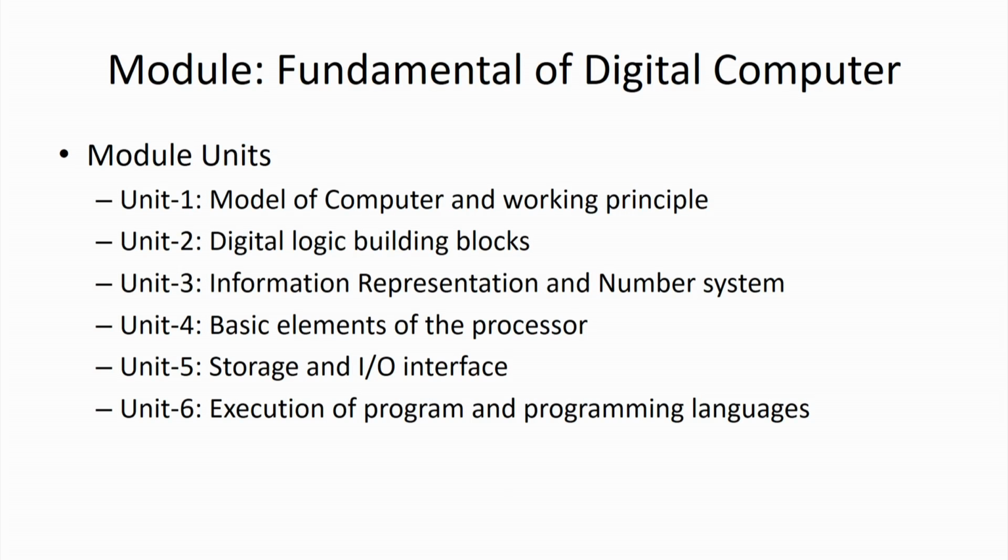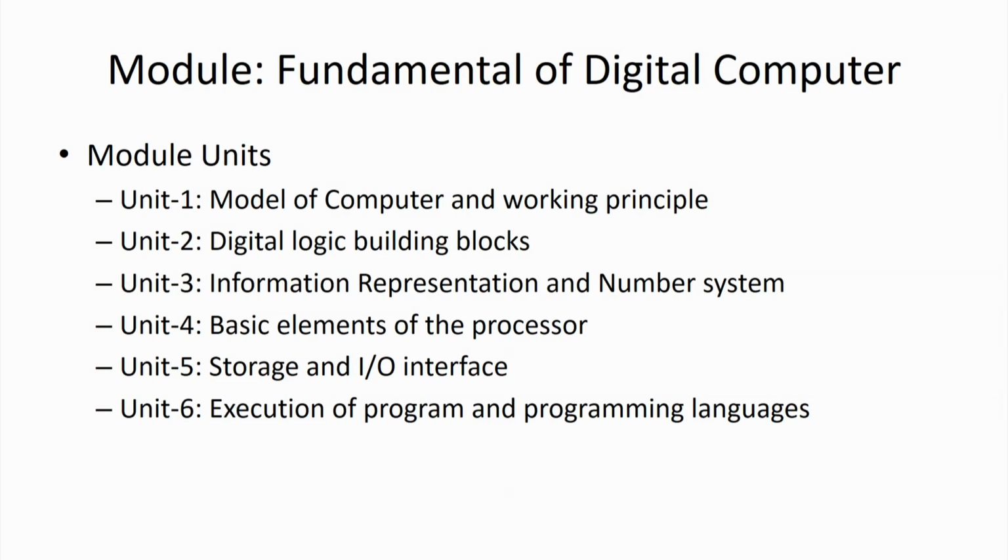Unit 2 is about digital logic building blocks, because we are going to construct a digital computer, so we take help of many digital building blocks. We gave a brief idea about those building blocks, and we are going to use them. We are not discussing the design issues of those building blocks, only at knowledge level.